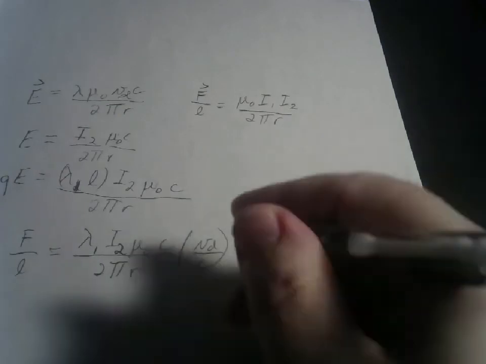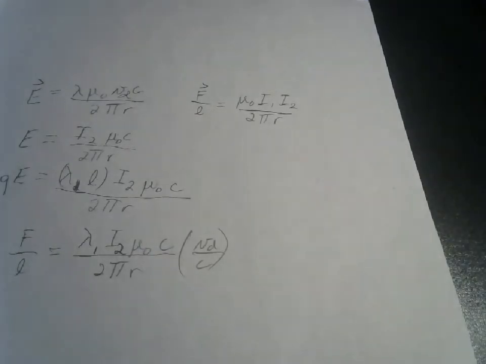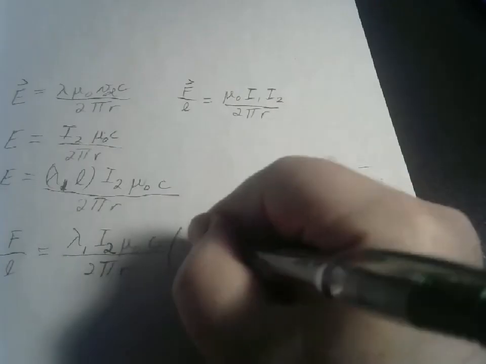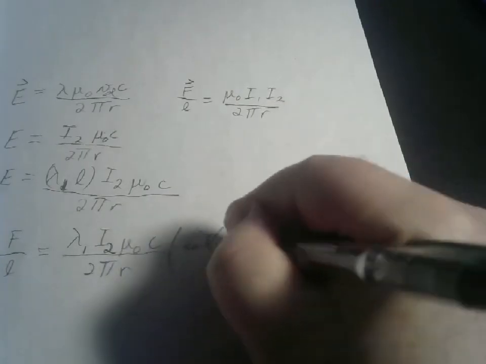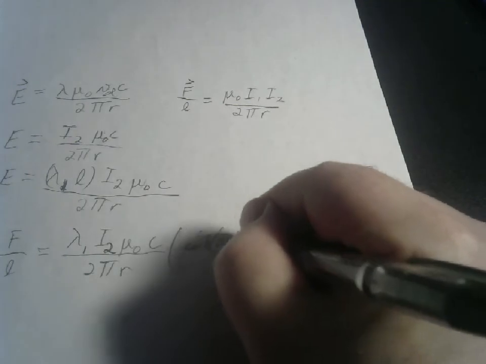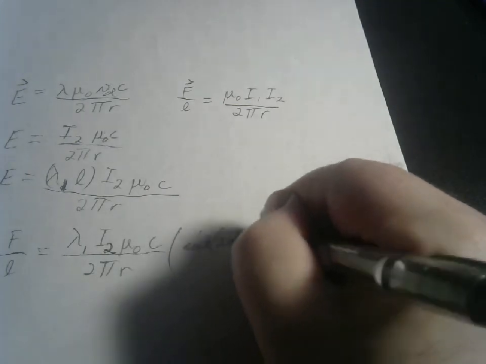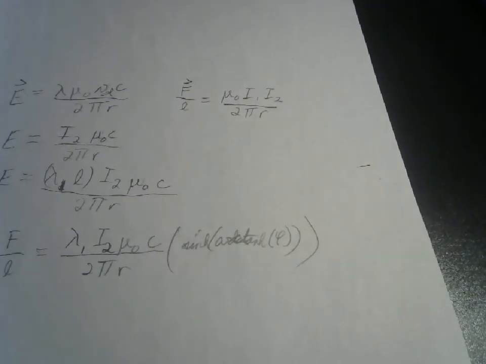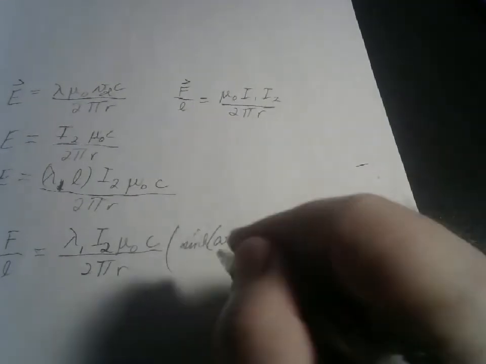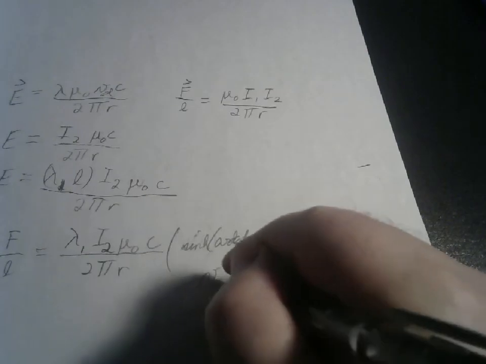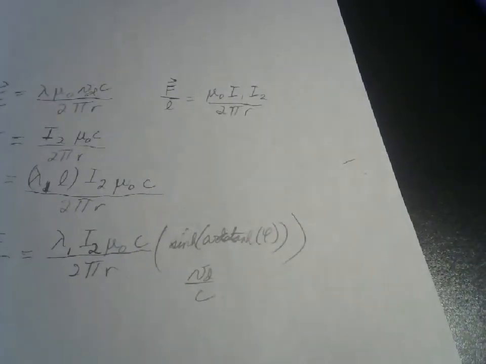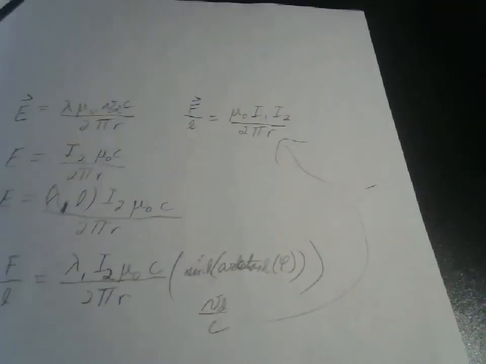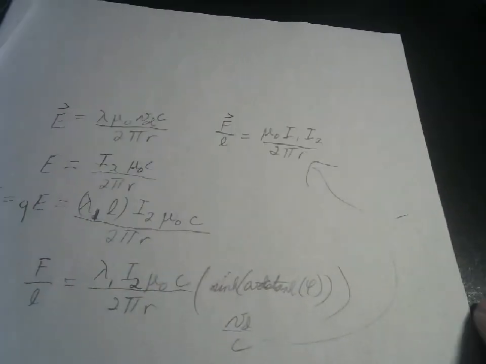So instead of V sub D over C, we're going to have sinh of arctanh phi. And so there we go, which is so close to V sub D over C that that's going to get us there with a little bit of an approximation.